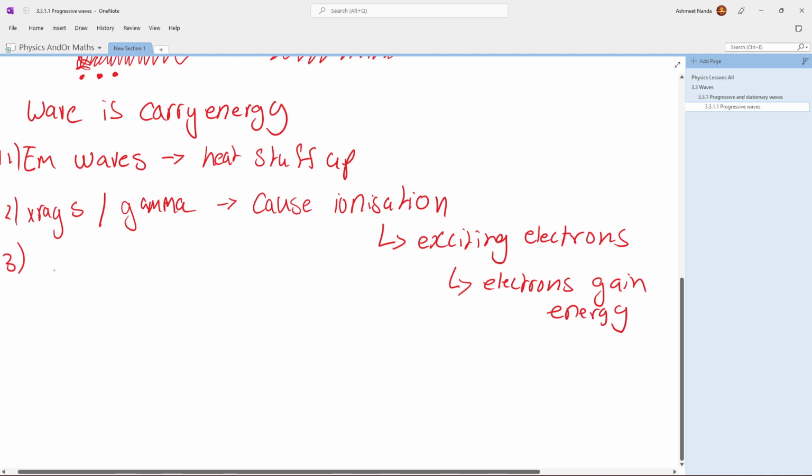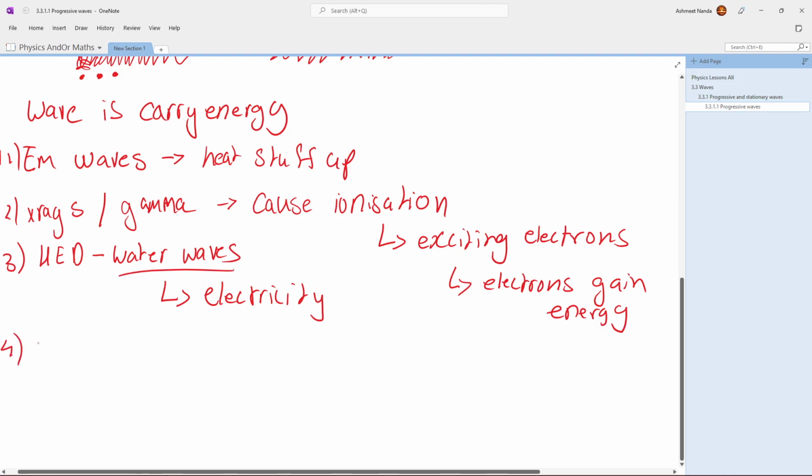Wave power, like hydroelectric dams, they take water waves and convert them into electricity. That means, of course, the water waves carry energy.